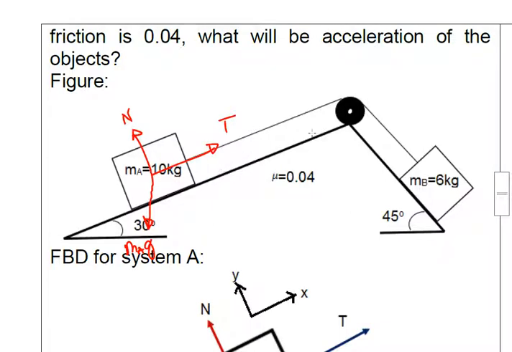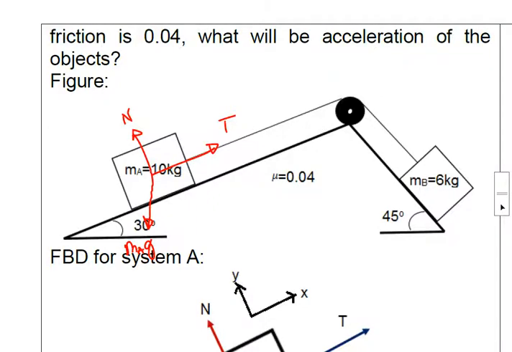Well, in this case, we have to assume the direction of acceleration. You might be confused: what will be the direction of the acceleration? Well, all you have to do is assume first, because later on you will find exactly where the acceleration of the system will be.